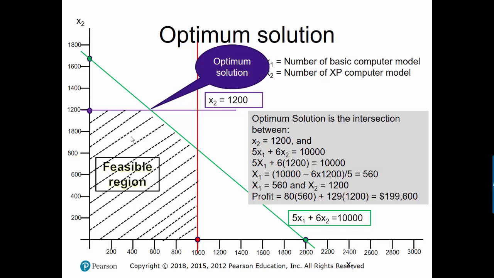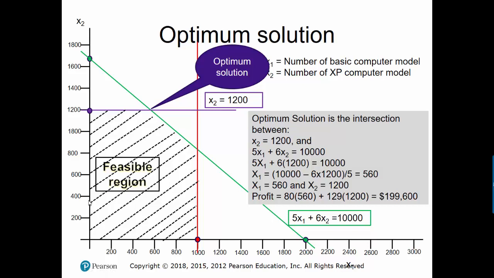So that means that we can also compute the coordinates of all the corner points and evaluate the z value, the profit function, for the corner points only, and then select the one that maximizes profit.